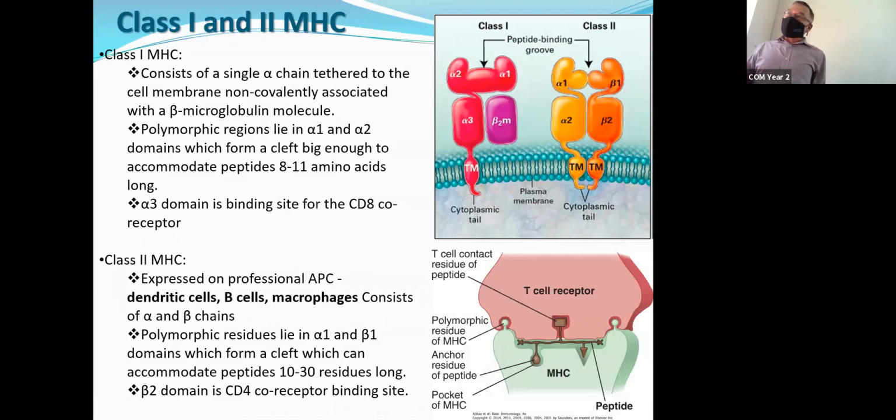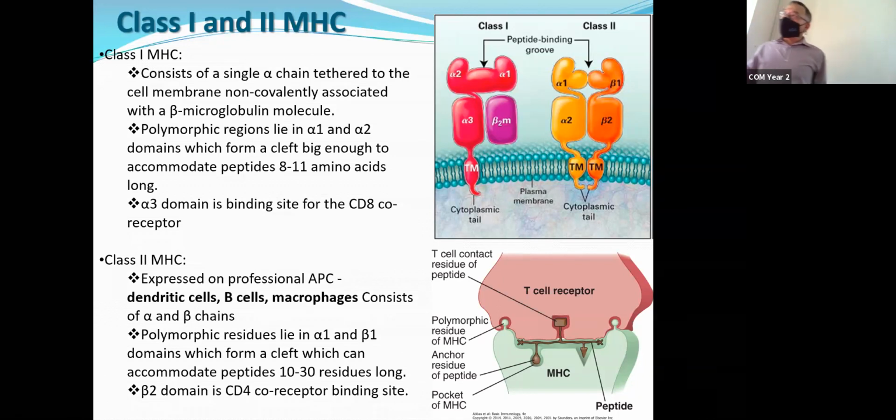So you can understand that in the case of a virus-infected cell, these HLA molecules pull out these virus proteins and then express them on class 1 MHC, which is the antigen recognized by cytotoxic T cells to come and kill these cells to prevent them from making more viruses.